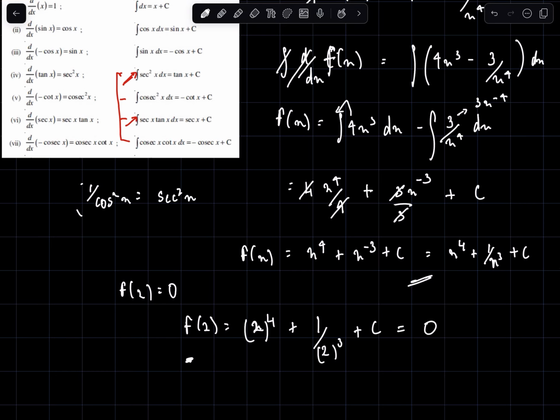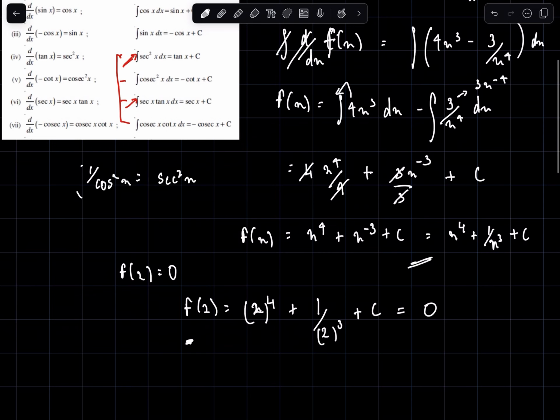So let's solve for this to find c. What is 2 raised to the power 4? 16 plus 1 by 8 plus c is equal to 0.